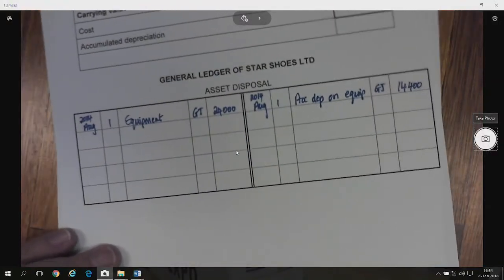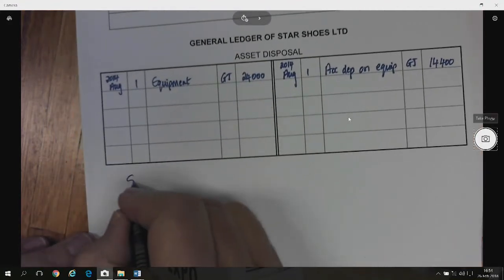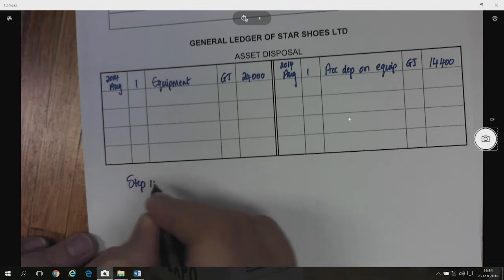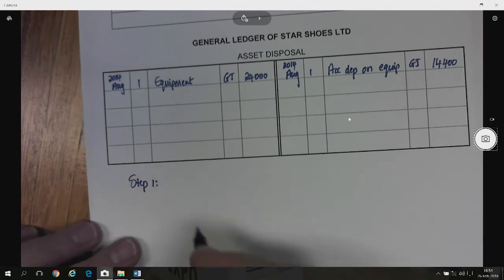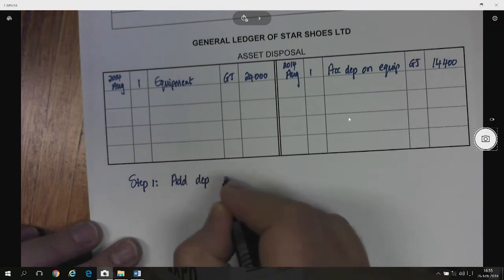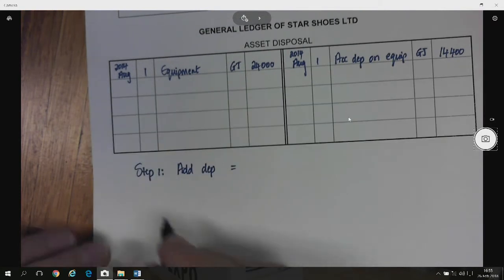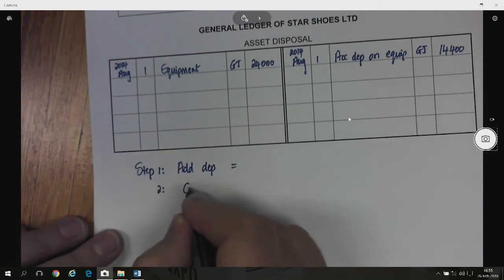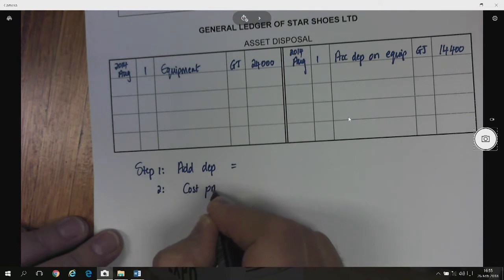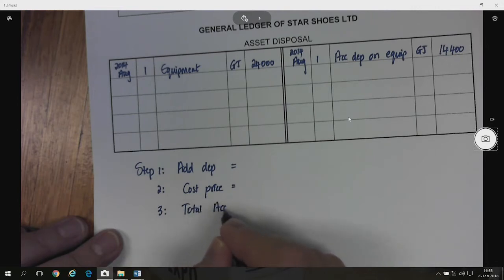Remember, if you do asset disposal, you do steps. Step 1, I know it differs from book to book, but I'm going to do the new era, is your additional depreciation, meaning from the first of the year until the day that we sell the asset. Step 2 is your cost price. Step 3 is your total accumulated depreciation.